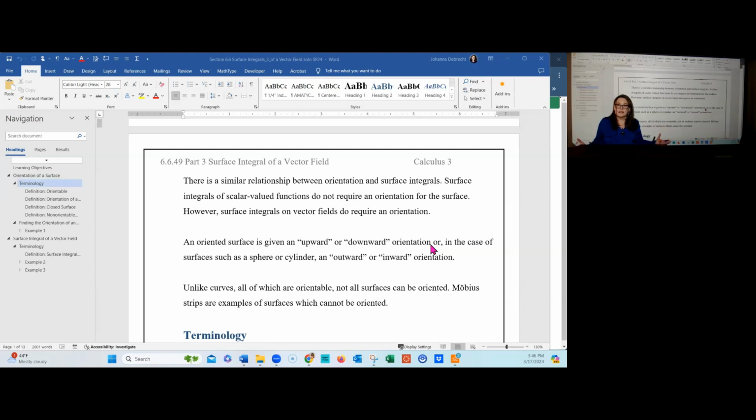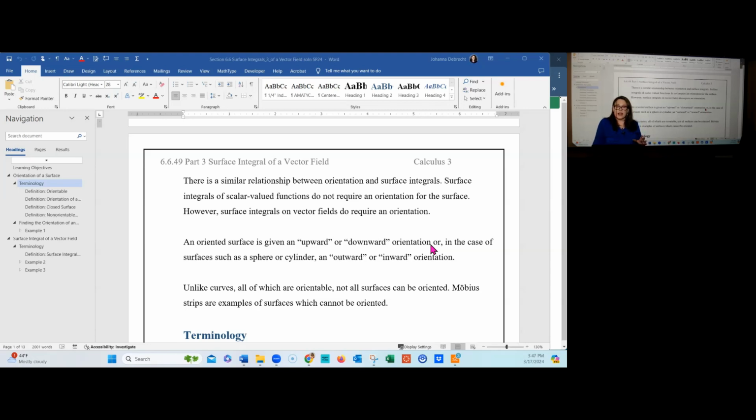There are two basic types. One type that does not require orientation, the scalar line integral and the surface integral of a scalar valued function, and one that does require orientation. A vector line integral, which requires the curve to be oriented, we tend to go counterclockwise in the positive direction, and a surface integral on a vector field, which will likewise require orientation for the surface.